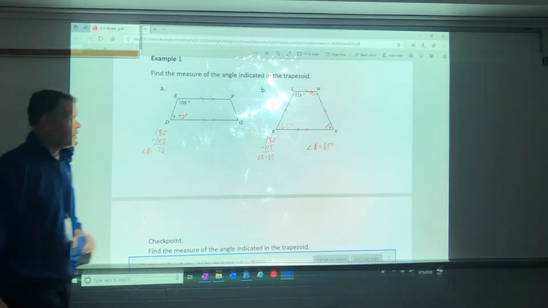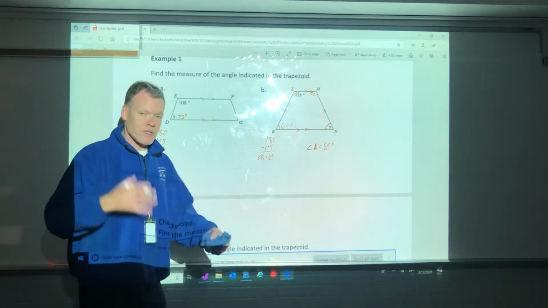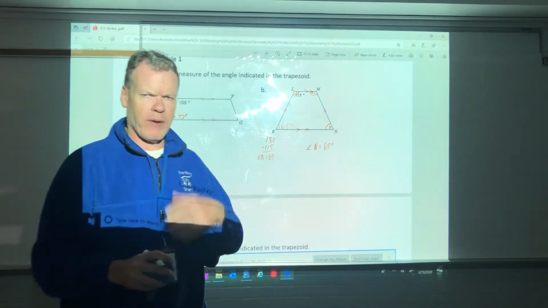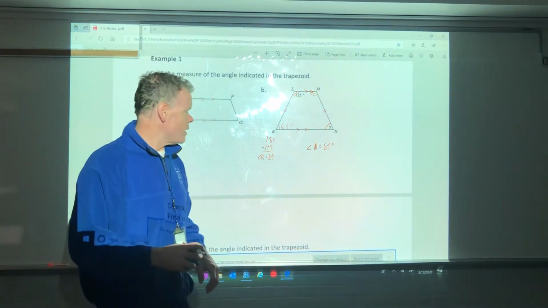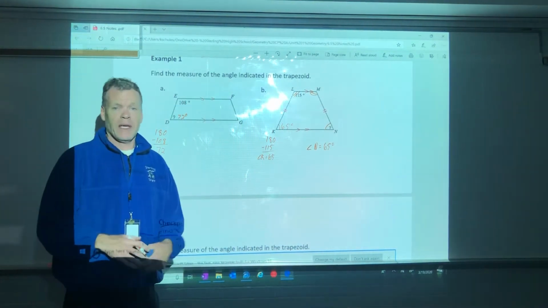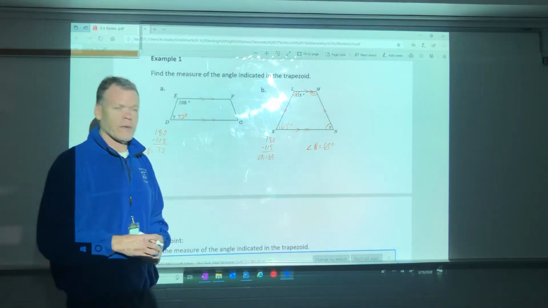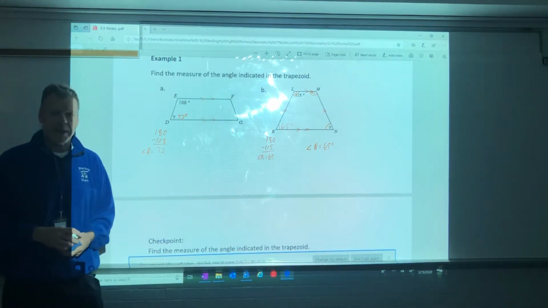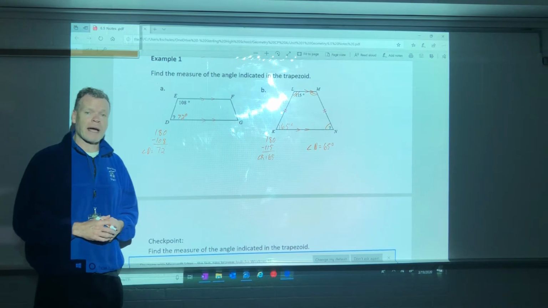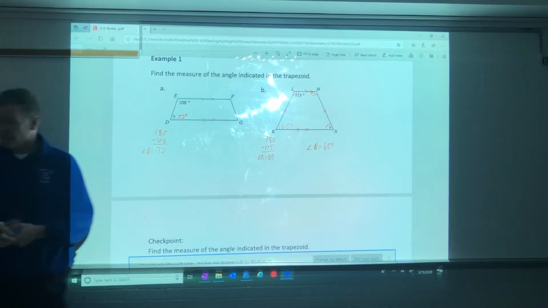So, very quickly here as we're going through the trapezoid, we're seeing different characteristics that are going to help you solve some of the problems that you're going to see on the worksheet. And again, just like I've been doing, I'll do maybe the first example in each section, then you can follow along from there, and always make sure that you can refer back to your notes. So that's our first two examples there.